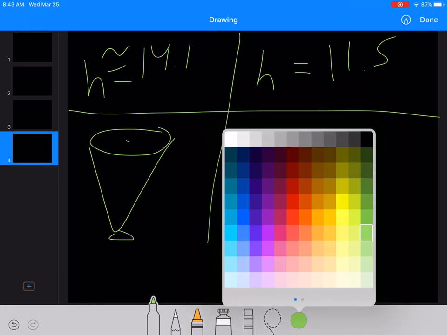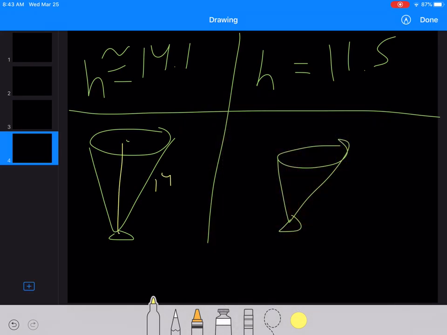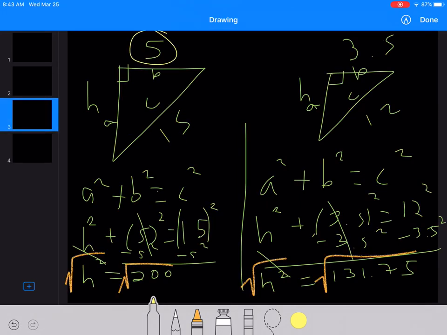So now we found the height. This one was 14.1, and this height was 11.5. And we had the diameter that we saw from the last problems divided by 2.